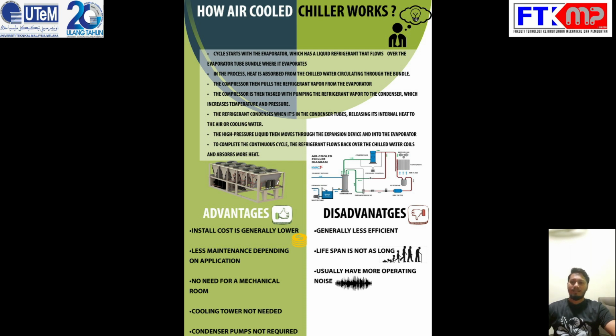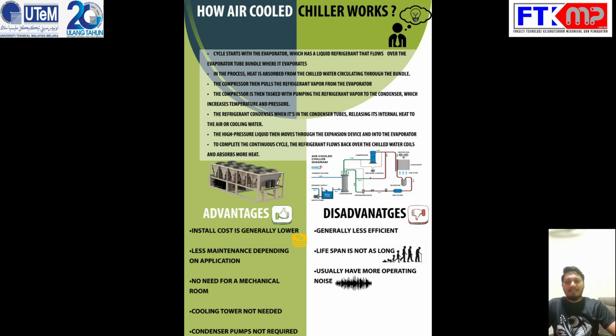The compressor is then tasked with pumping the refrigerant vapor to the condenser, which increases temperature and pressure. After that, the refrigerant condenses in the condenser tubes, releasing its internal heat to the air and cooling water. The high pressure liquid then moves through the expansion device and into the evaporator. To complete this continuous cycle, the refrigerant flows back over the chilled water coils and absorbs more heat.